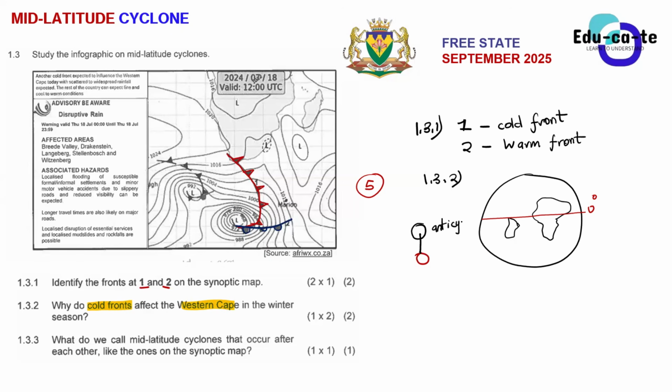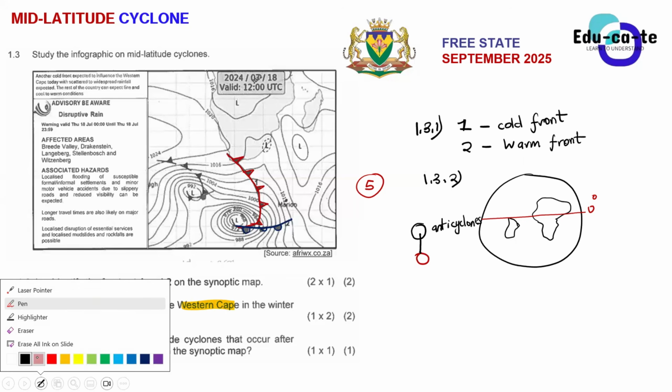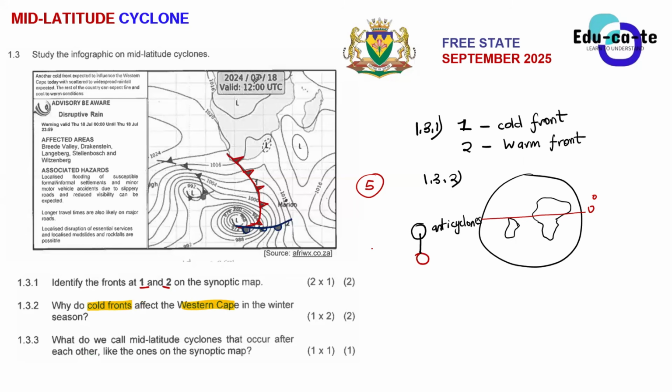So we are trying to say that during winter, anticyclones move upwards. Just look at this diagram, guys. We've got two objects that are connected. I want you to have an imagination. If I say that this black ball moves northwards during winter, what will happen to this red ball?